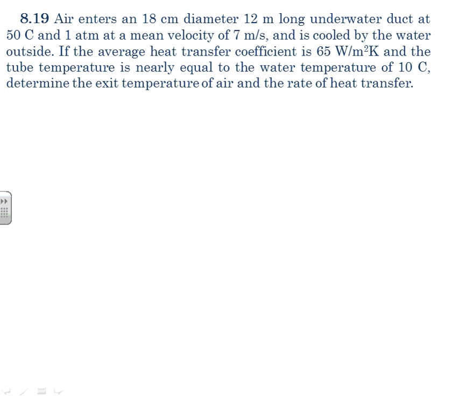Okay, so let's jot down all of our givens. We have the average velocity, 7 meters per second. We have the diameter, 0.18 meters. We have the length, 12 meters.